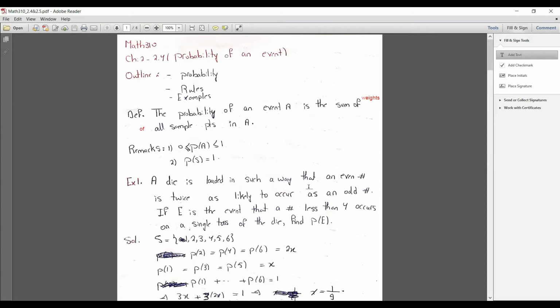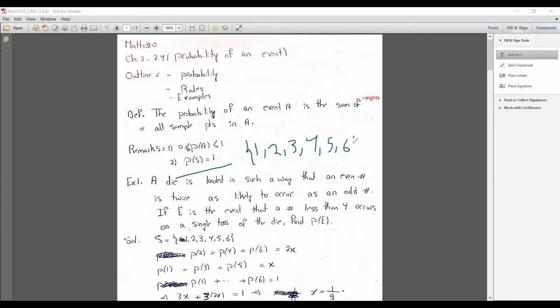What do we mean by this? It means that not all the numbers of this die have the same chance to occur. Why? Because if we have an even number, then its probability is twice that of an odd number. We know that in a die the sample space is 1, 2, 3, 4, 5, and 6, right?